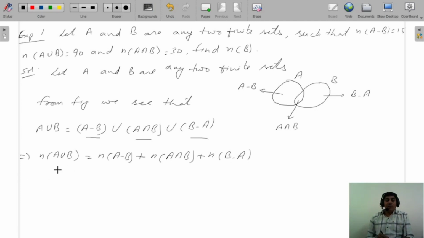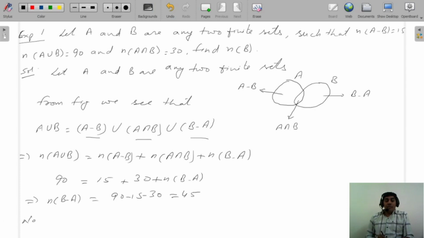Putting the values, n of A union B is 90 is equal to n of A minus B is 15 plus n of A intersection B is 30 plus n of B minus A as it is. This implies n of B minus A is equal to 90 minus 15 minus 30, which is equal to 45.